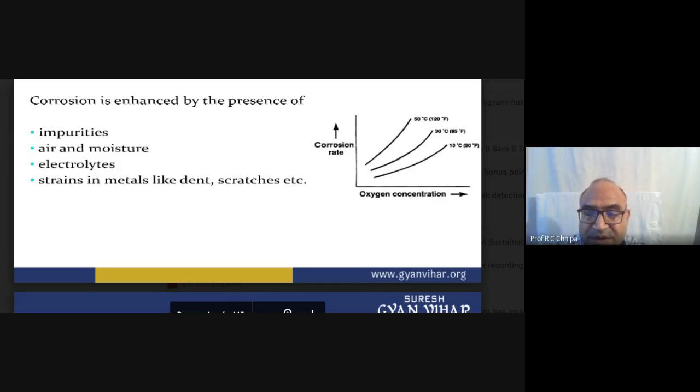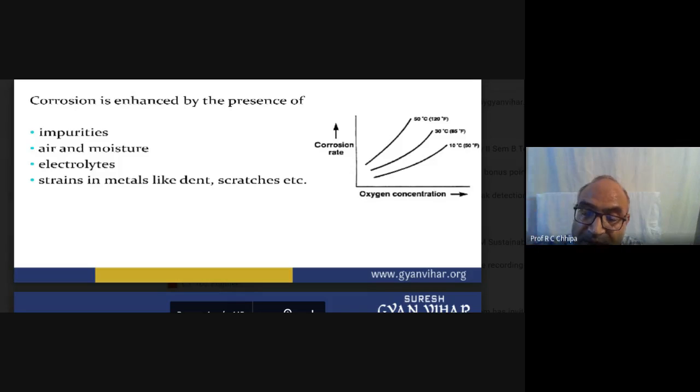So these are the factors: impurities, air and moisture, the electrolyte, and then strain. Strain is what we discussed about the pits during manufacturing, and the scratches and dents. Definitely in that particular area, dents in automobiles, in the car, in the two wheeler, are where stress is there.